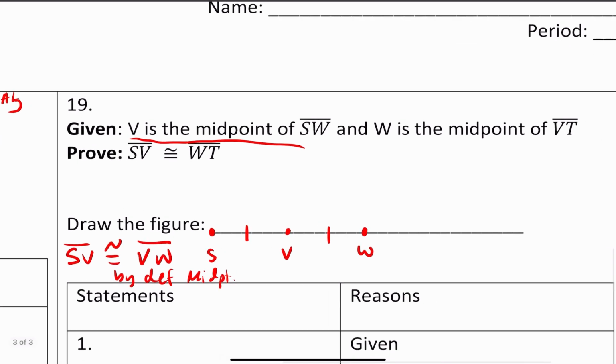And then we can see that W is the midpoint of VT. And then where's T? We're going to have to draw T. Here's T. Okay. So then if W is the midpoint of VT, what's the result of that? Well, again, it's going to split the segment into two congruent parts. Okay, so that means I have to draw another tick mark there.